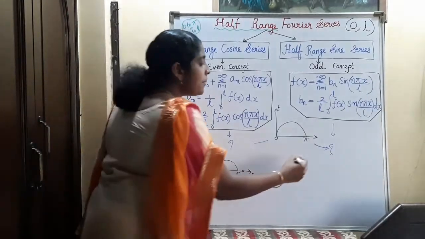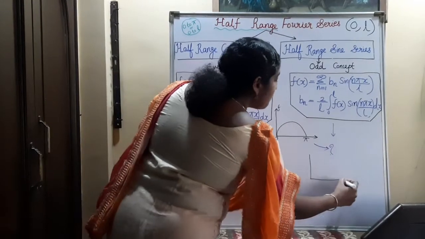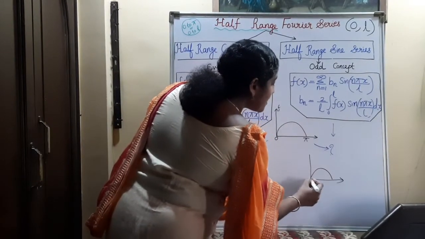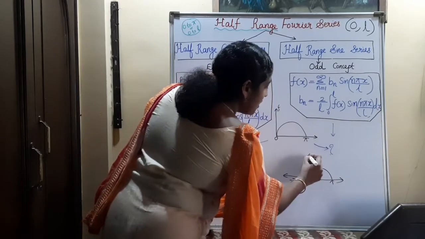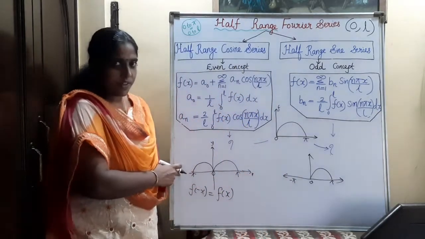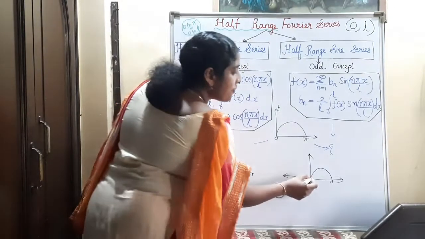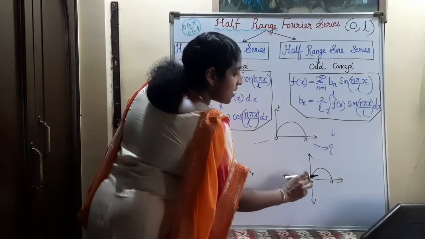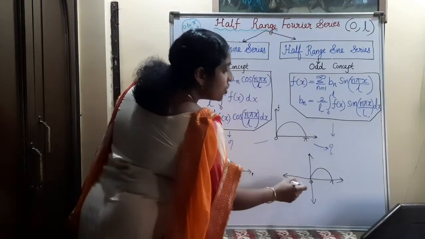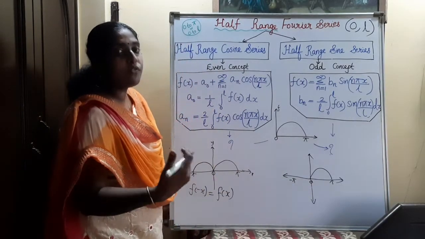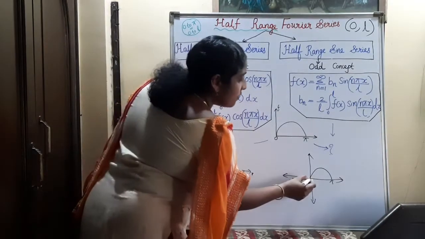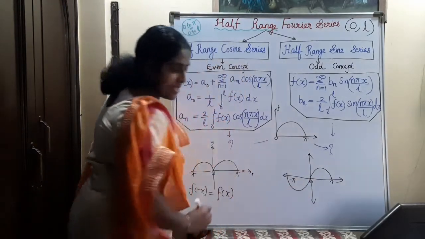Now the other type of reflection is to reflect the same wave with respect to the x-axis. Here it is 0 to pi, this is minus pi. In the previous case we extended it as a reflection in the y-axis. If we reflect this wave in the x-axis to the range from 0 to pi, making it a full range Fourier series, the waveform will be like this.